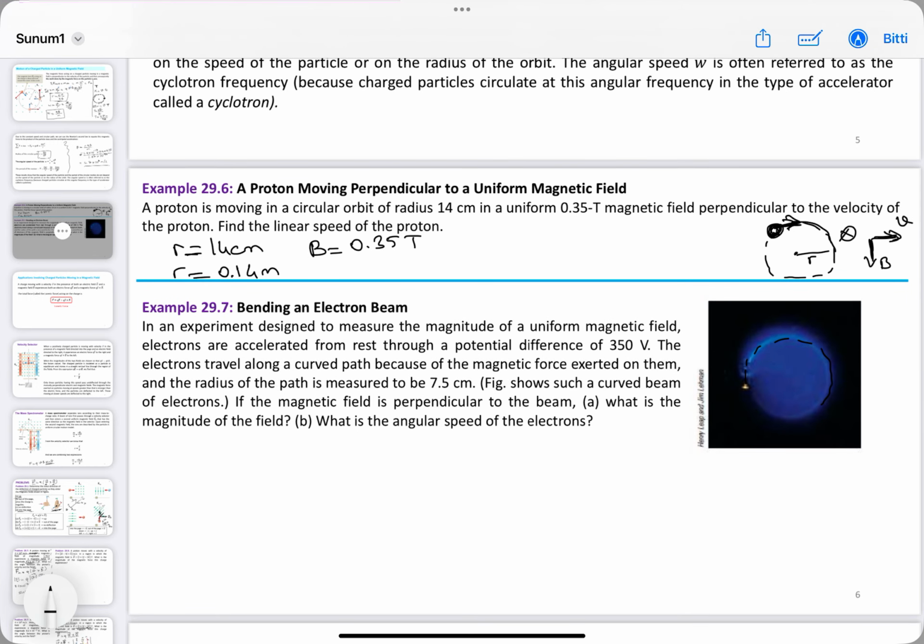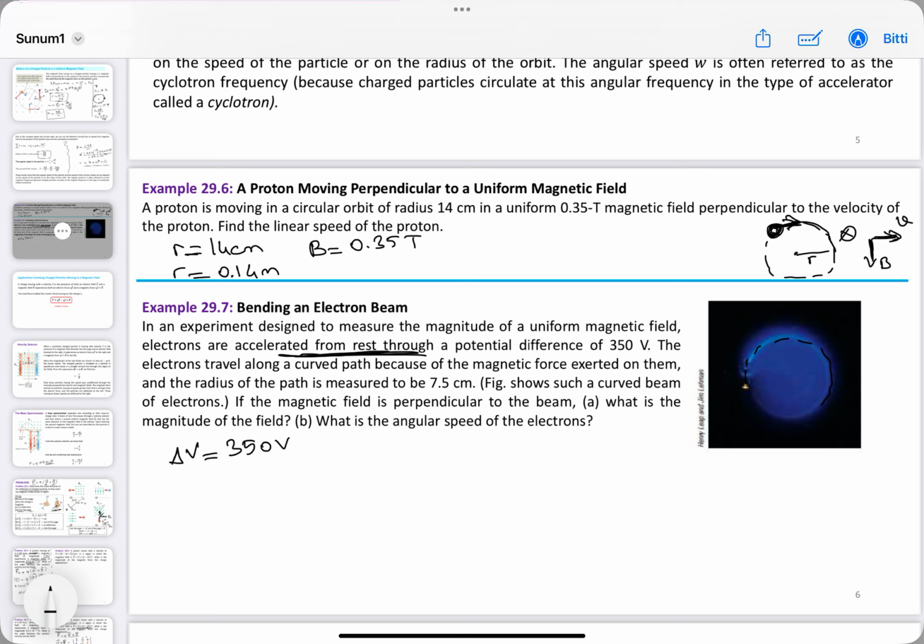Look at that question. In an experiment designed to measure the magnitude of a uniform magnetic field, electrons are accelerated from rest through a potential difference of 350 volts.